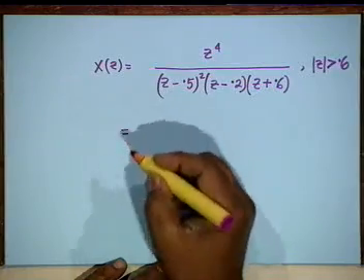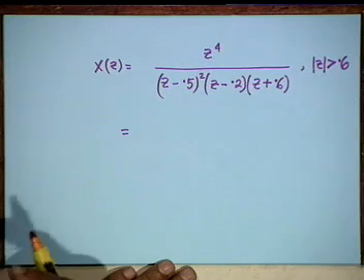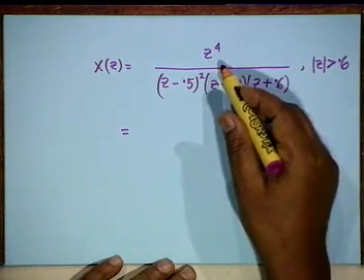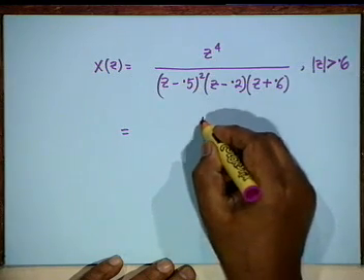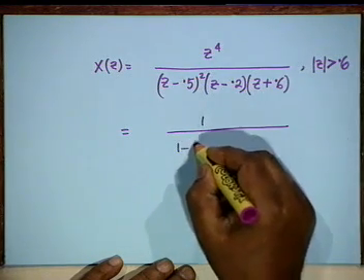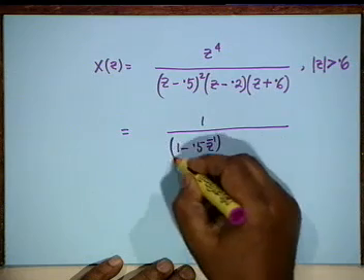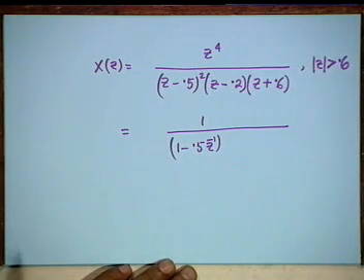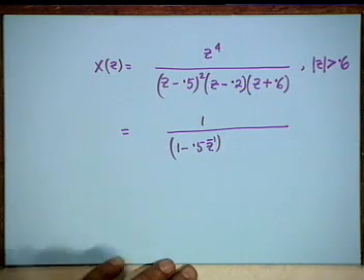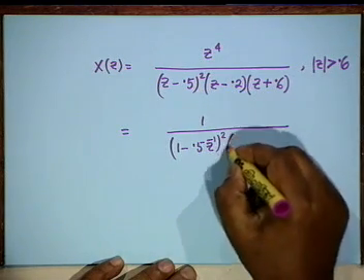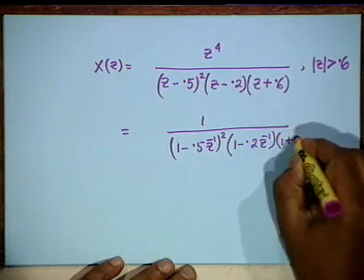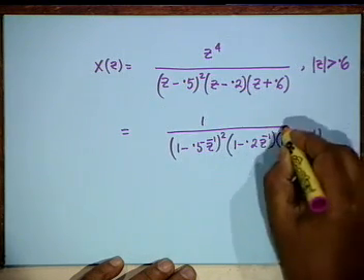So, the first thing that we do is a matter of discipline. We write this as a rational function in z inverse. That is, we divide by z to the power 4, then we get 1 divided by 1 minus 0.5 z inverse. Why do we do this? Because we know the inverse transform of 1 by 1 minus alpha z inverse, okay, whole squared, 1 minus 0.2 z inverse, 1 plus 0.6 z inverse.